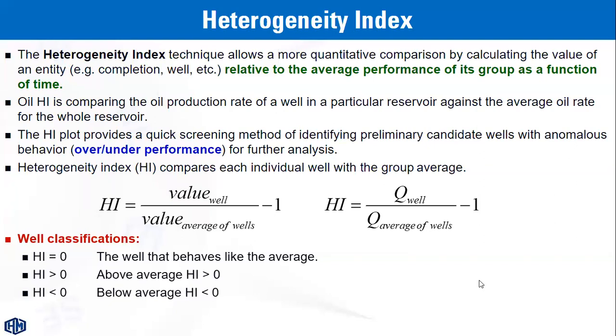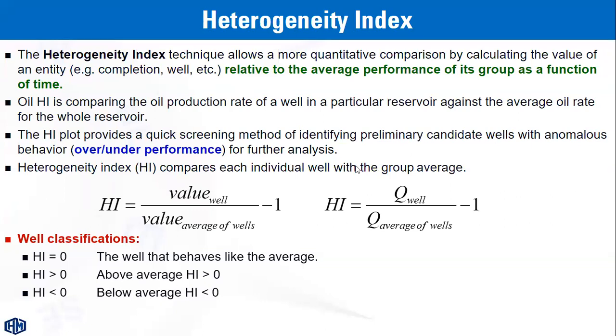That means we can classify wells based on this heterogeneity index. So if the heterogeneity index equals 0, the well behaves like average; higher than 0 is above average, which is good; less than 0, which is negative, is below the average.